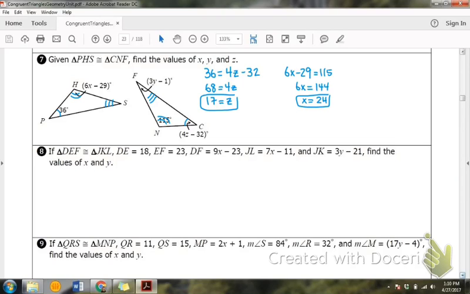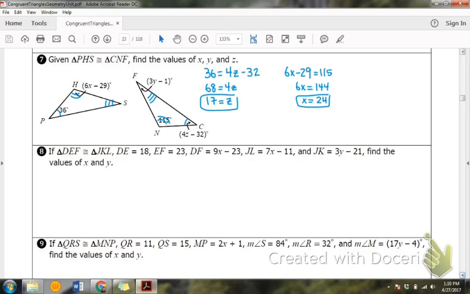So we plug in x to h, okay? And then we subtract those from 180. Okay, and that's going to give us how much s is. Yeah. And then we set s equal to 3y minus 1. Okay? Is there another way we could do it that might not be as many steps, Natasha? 36 plus 115, if you subtract that from 180, will give you s, and s is congruent to that.